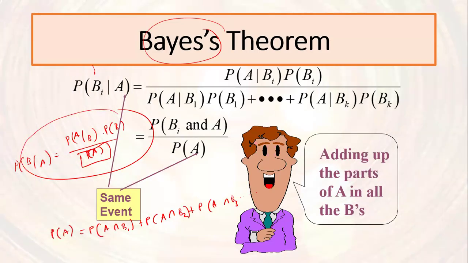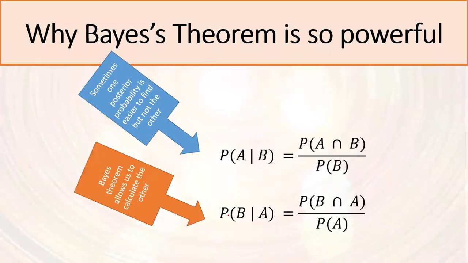You can keep on writing like that. So you can even expand this one: probability of A given B1 multiplied by probability of B1 plus probability of A given B2 multiplied by probability of B2. Like that, you keep on writing down all of them, you get the total probability.